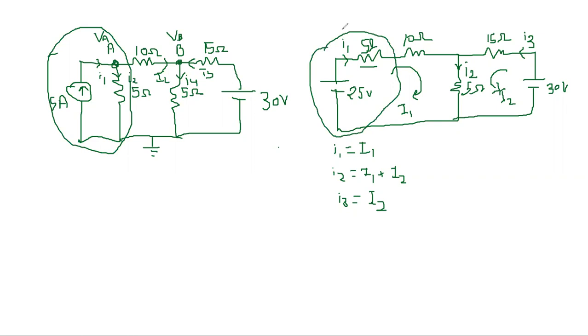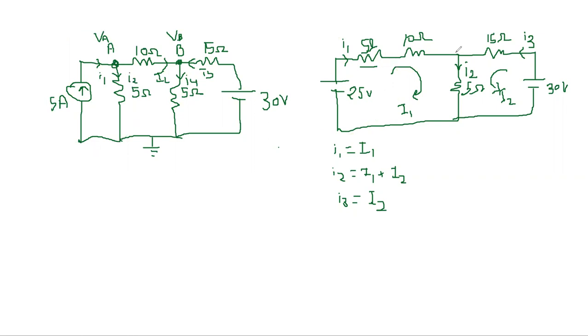Okay, so then the circuit is reduced as this, where we have taken the branch currents as small i1, small i2 and small i3, and the loop currents as capital I1 and capital I2, and I have related those two quantities. Small i1 is equal to capital I1, small i2 is equal to capital I1 plus I2, and small i3 is capital I2.